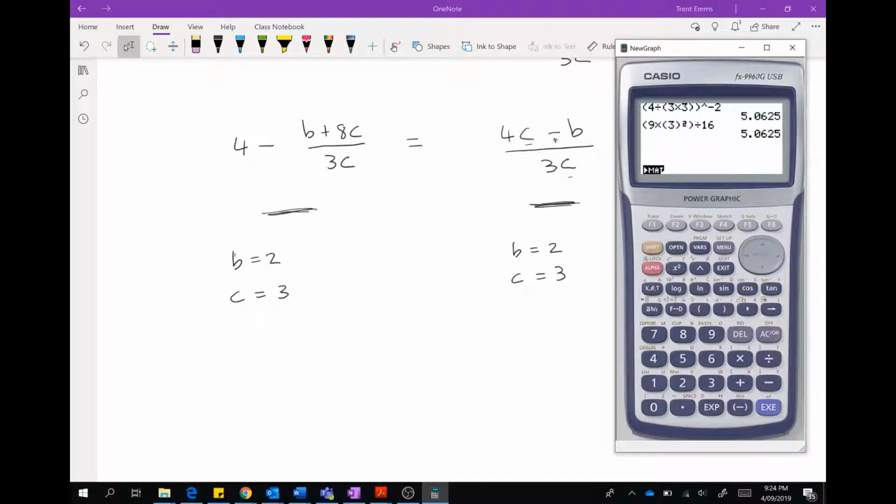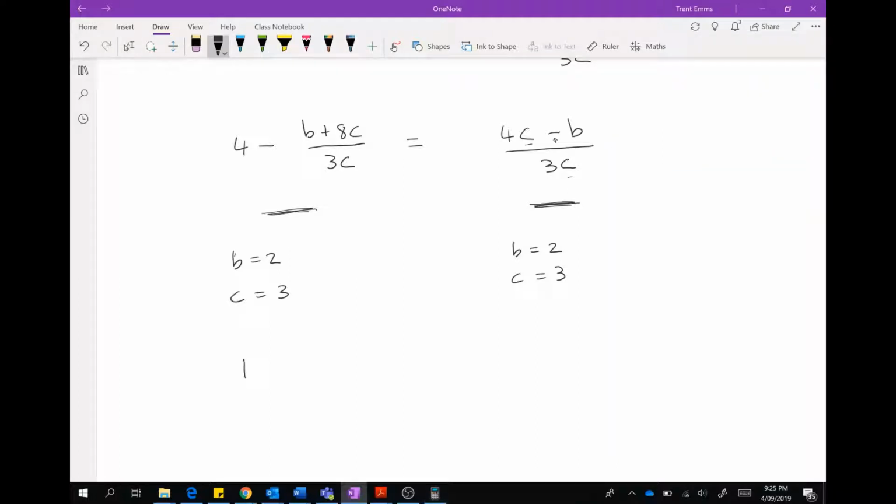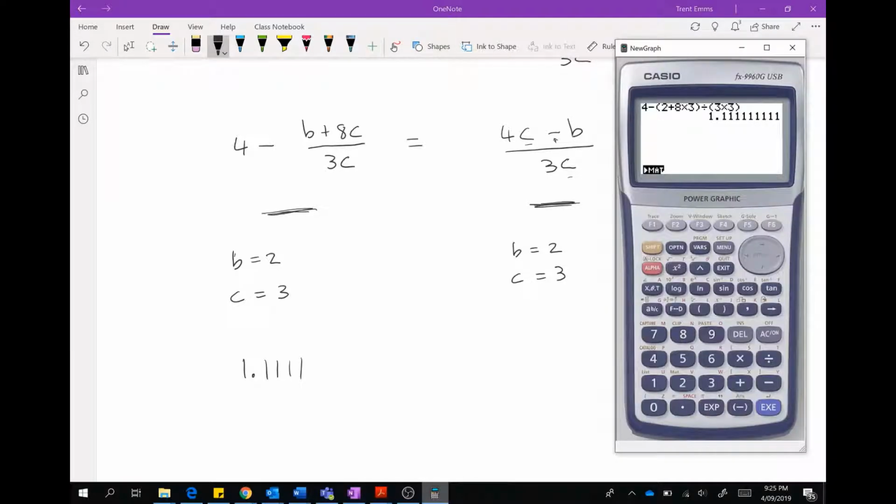So we've got 4 minus our b, which we're going to make the 2, plus 8 multiplied by c, which we're going to make 3, and that part there is divided by 3 lots of c, which we've called 3. And we get the answer 1.1111, and that keeps going, and hopefully we get that answer out on the right.